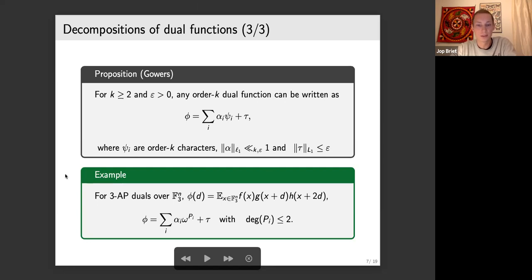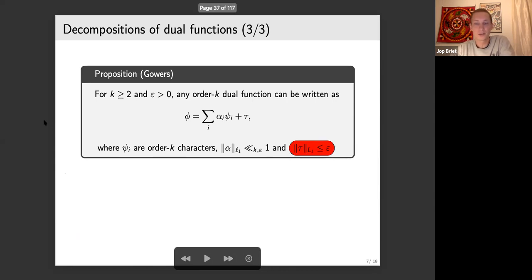These are really nice decomposition results, and they have applications in additive combinatorics when it comes to studying linear patterns in dense subsets of groups. But these decomposition theorems also have their limitations, because there's actually quite little control over this error function.